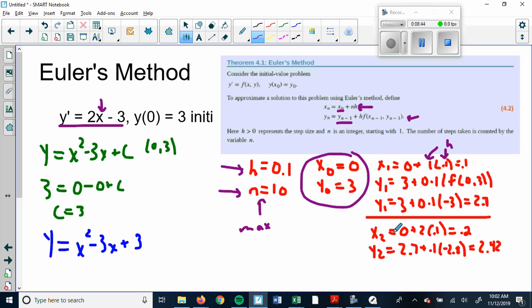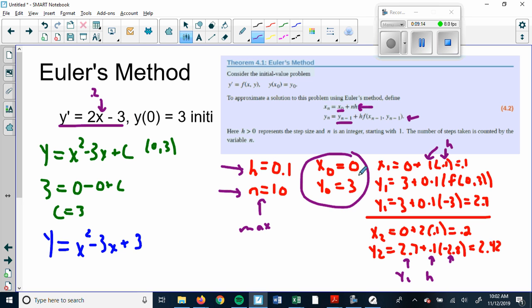x2 is 0 plus 2 times 0.1. That's 0.2. And then I take my previous y value, 2.7, plus my h value. This is y1, and this is h. Now where does this come from? Nope, I'm sorry.